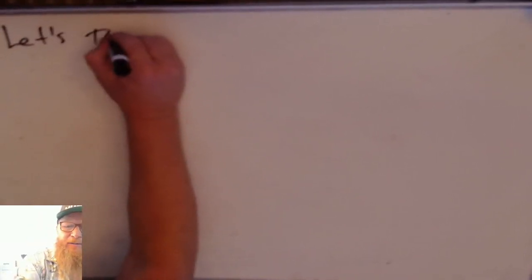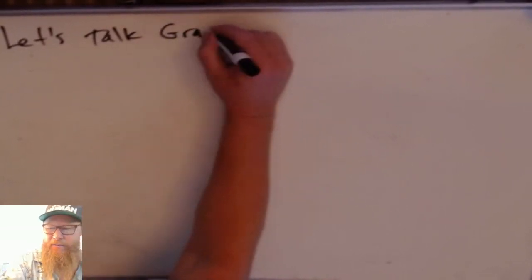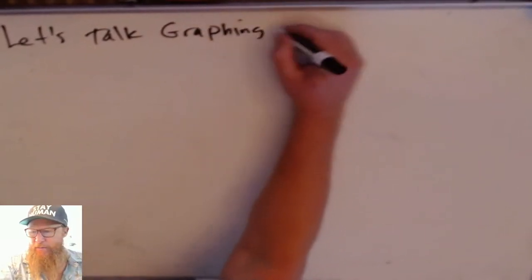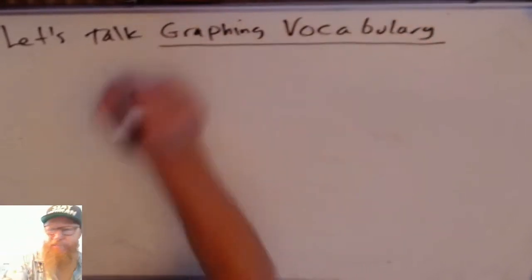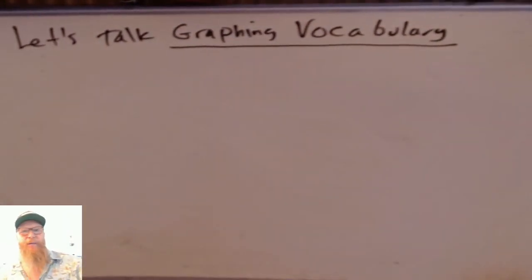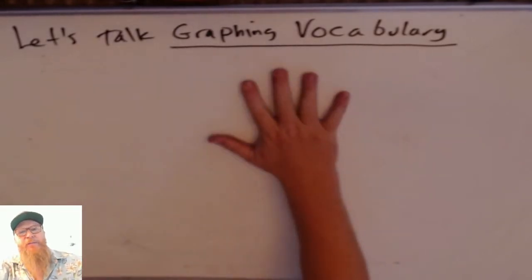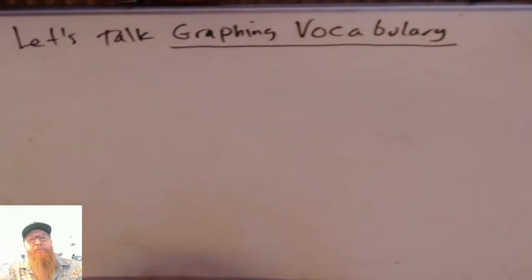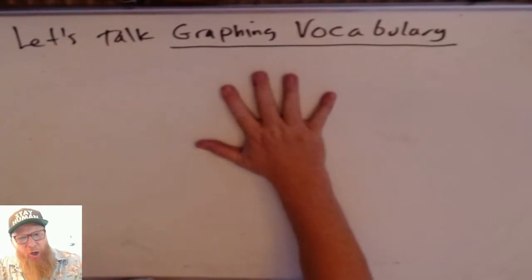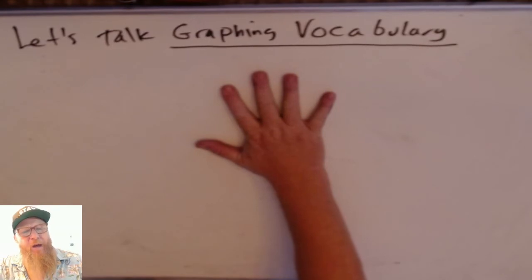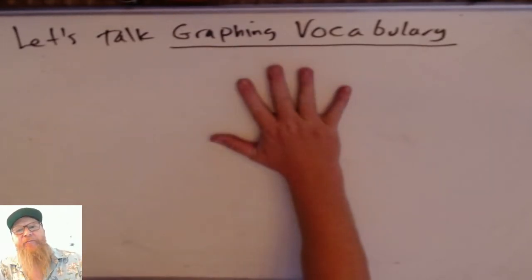Okay, so let's talk vocabulary. For the rest of the problems, we're going to have a shape that's going to have a term, a word that corresponds to that behavior.